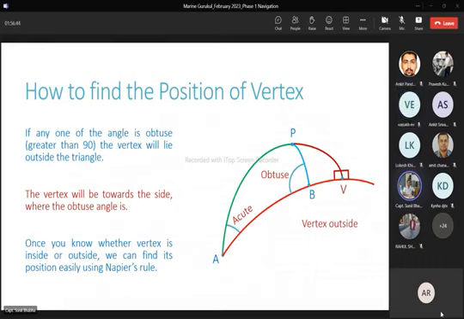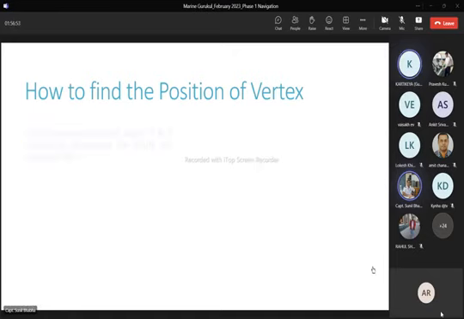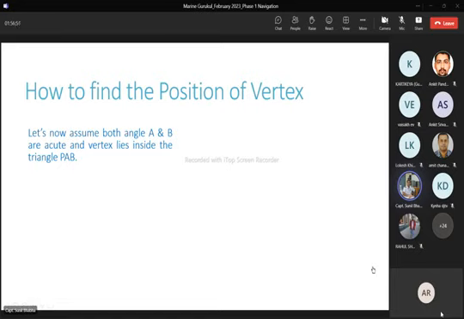So let me show you how we calculate the position of the vertex. Let's now see how we obtain the position of the vertex. Let's assume that in a particular situation, both angle A and angle B are acute, less than 90 degrees.